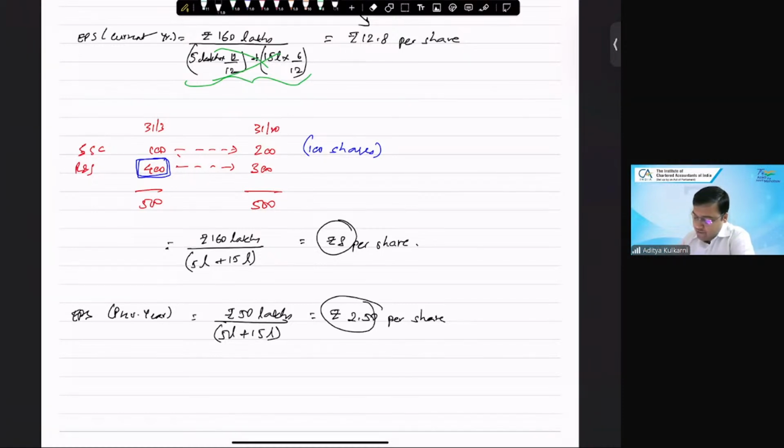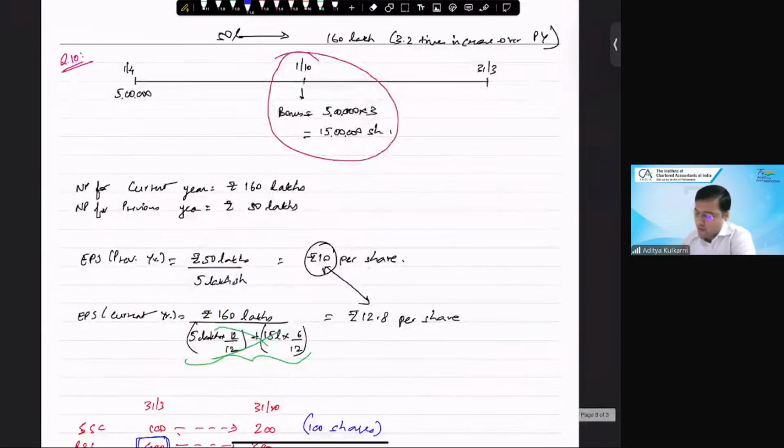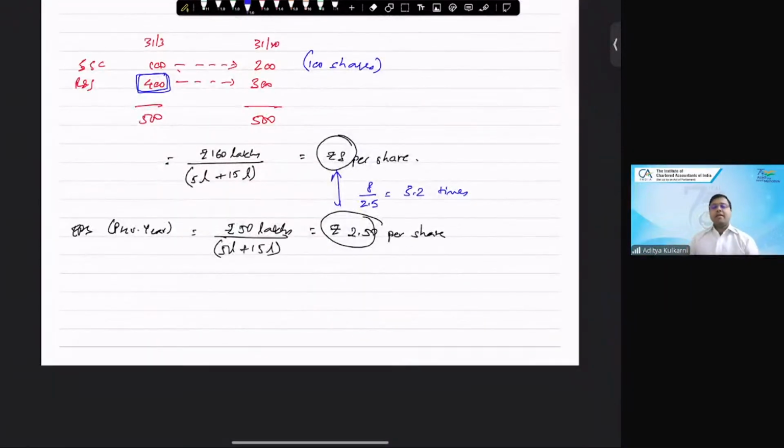So 2.5 to 8. What is the increase? This is 3.2 times. And what is your increase in profit? 3.2 times. And therefore, can I say that this is now making sense to me?